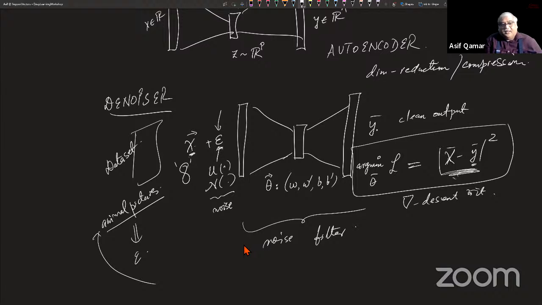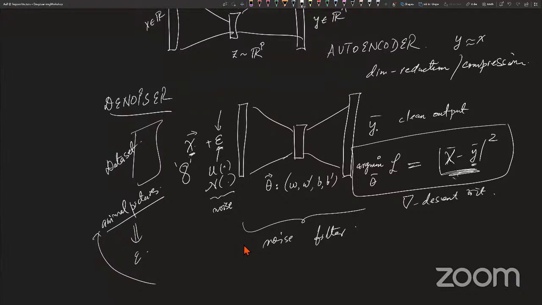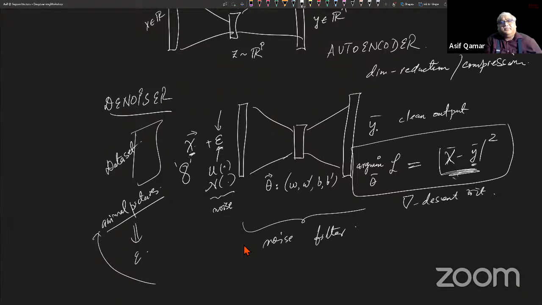Now you trained it on very clean images, but when you deploy it in the field in real life and you get very grainy pictures taken from cell phones, it will clean those pictures. It will denoise those pictures, and that's why these autoencoders are actually being used.